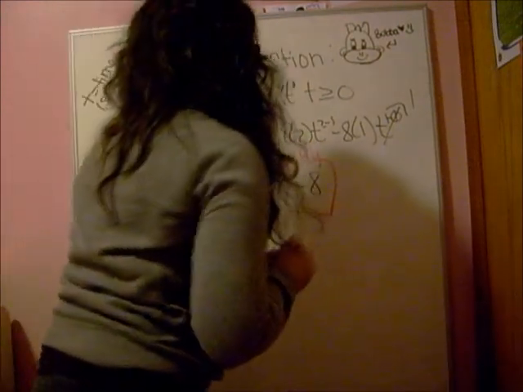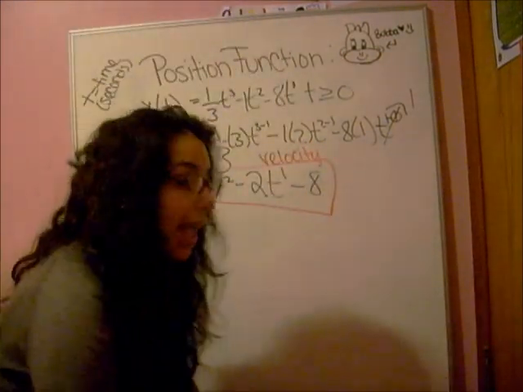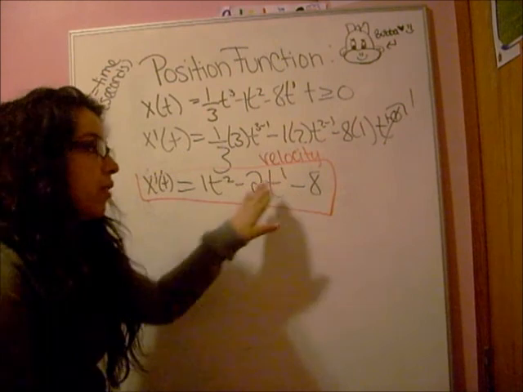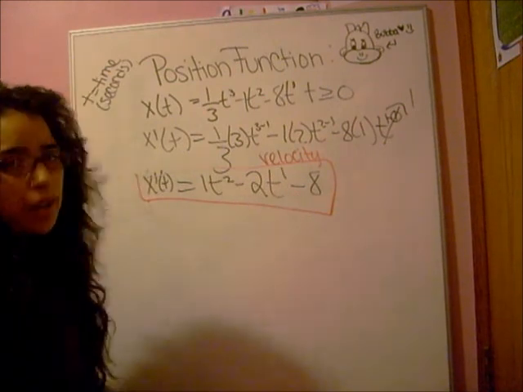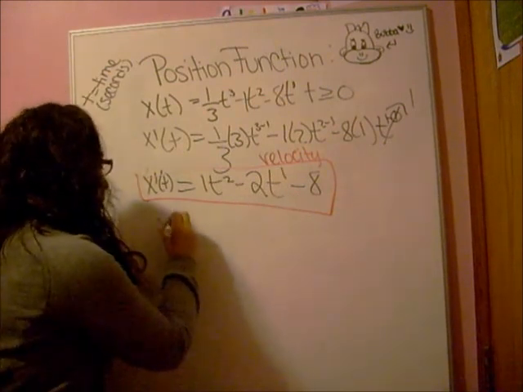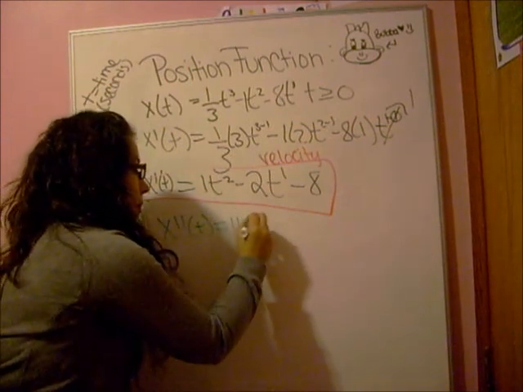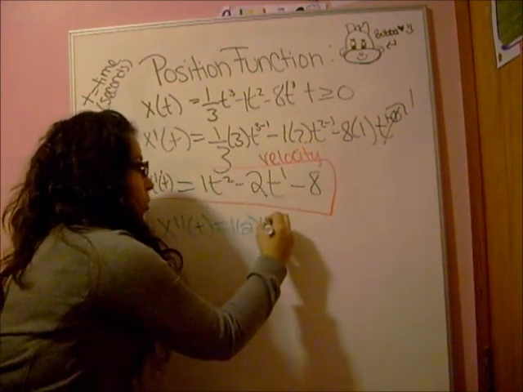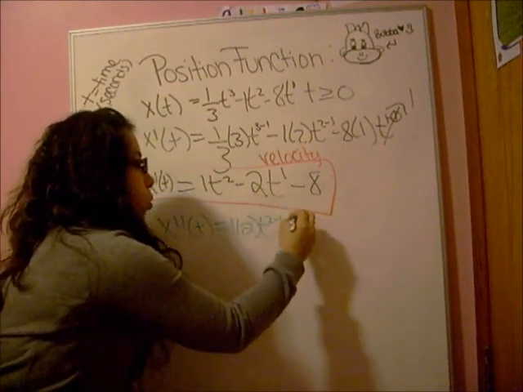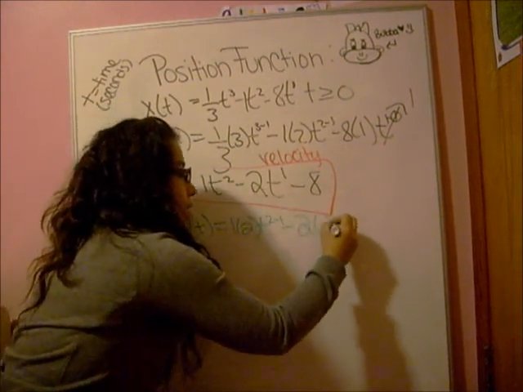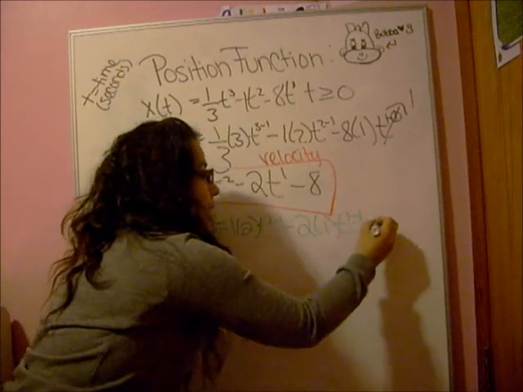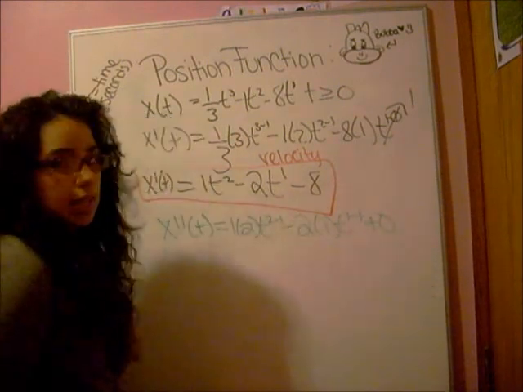Now, in order to find acceleration, what we have to do is take the derivative of the velocity function, which is quite easy. So what we do is 1 times 2, t to the 2 minus 1, minus 2 times 1, t to the 1 minus 1, plus 0, because of the 8.